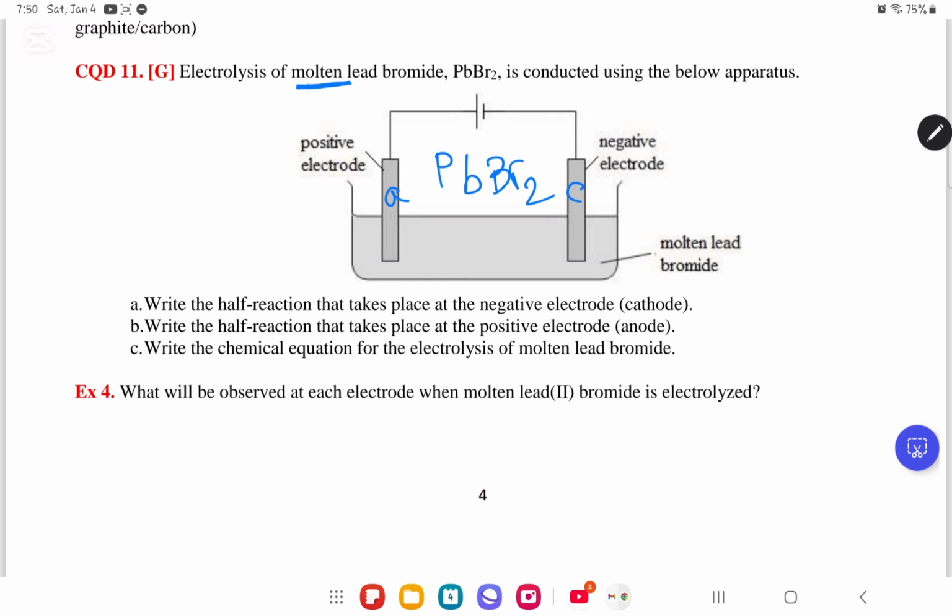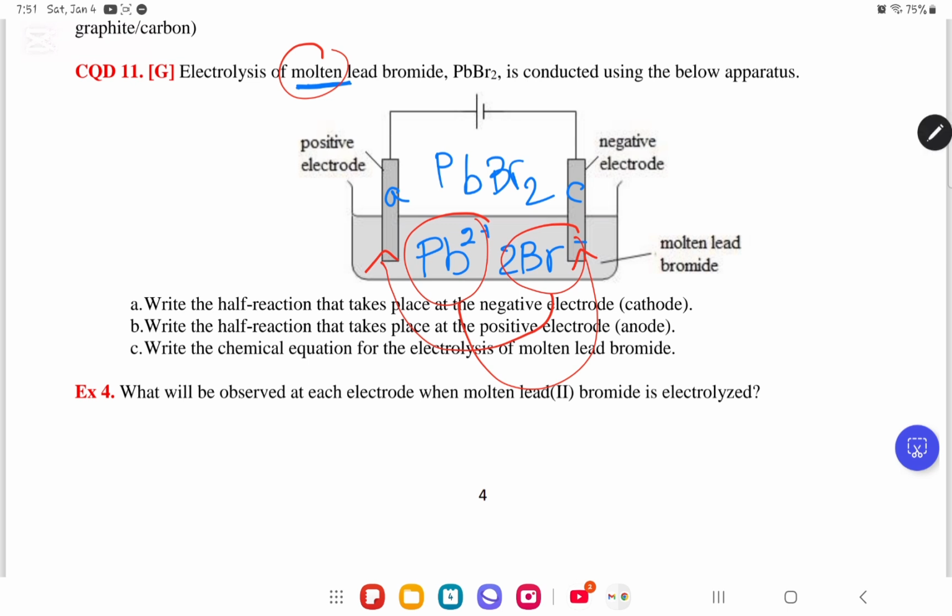If you split it into cation and anion, you get Pb2+ and 2Br-. The anion, which is the negative ion, will go to the anode, and the cation, which is the positive ion, will go to the cathode. This is only the case in the molten state. For aqueous, we will discuss a set of rules later when we reach aqueous and dilute solutions.